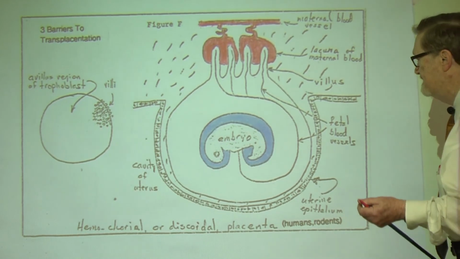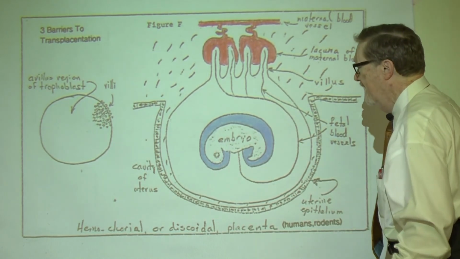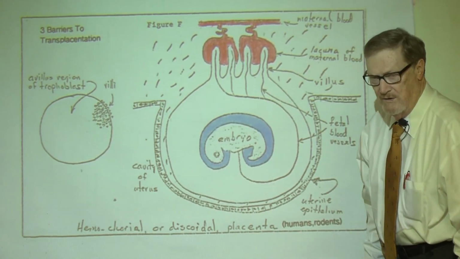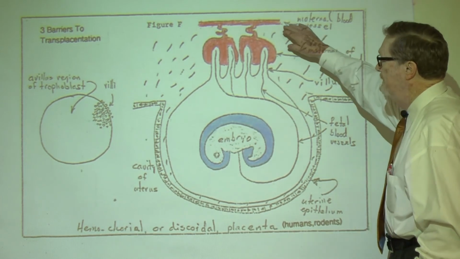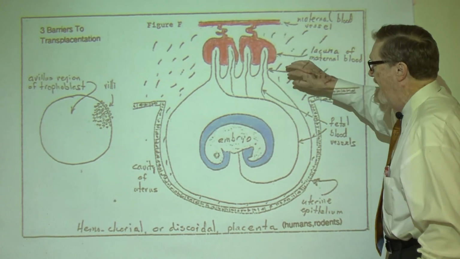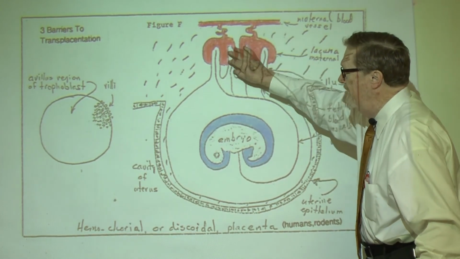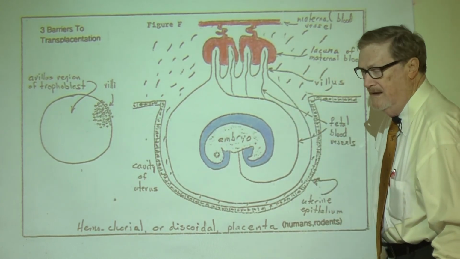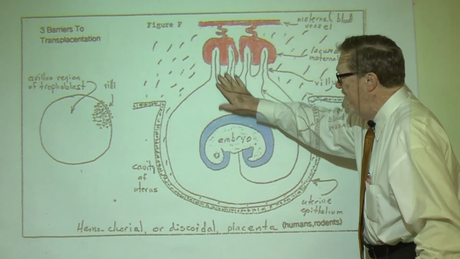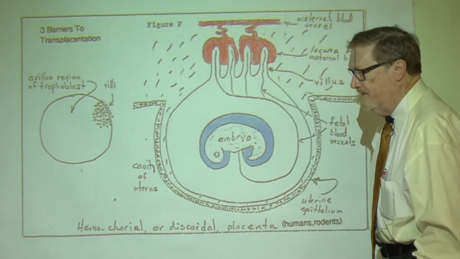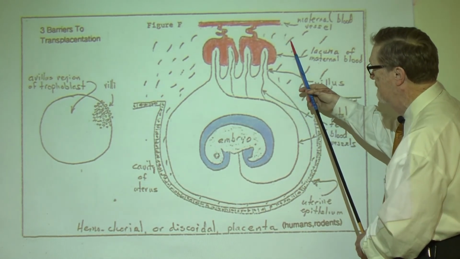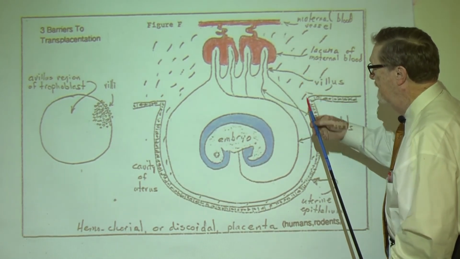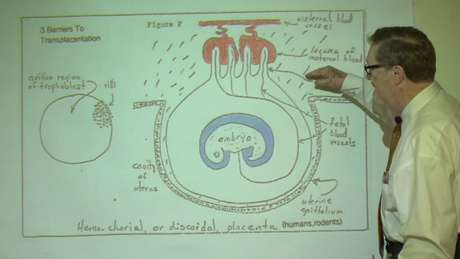And the big fancy name for it is hemochorial. There aren't any barriers to transplantation of maternal origin. The wall of the maternal blood vessel leaks out into a pool of blood up inside mama's endometrium, and the villi stick up into the pool. So there are those three layers, the wall of her blood vessel, the connective tissue of her endometrium, and the outer epithelium of her endometrium.